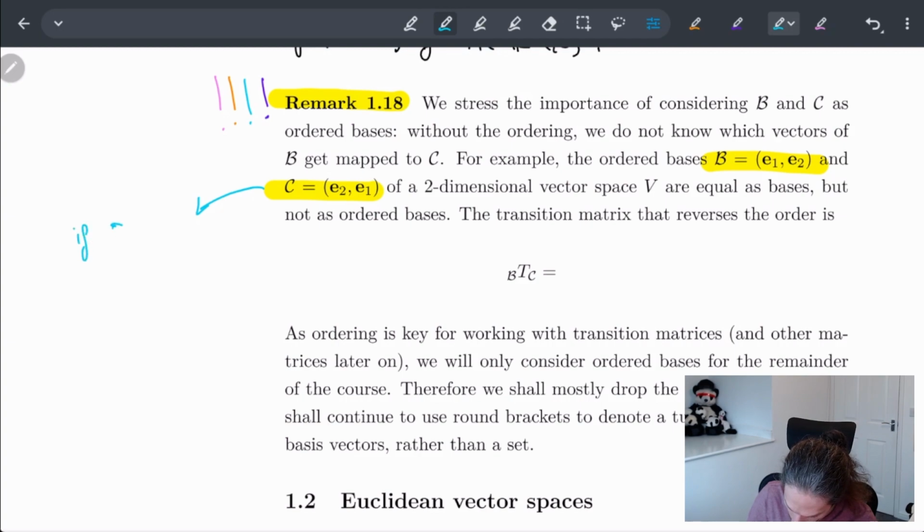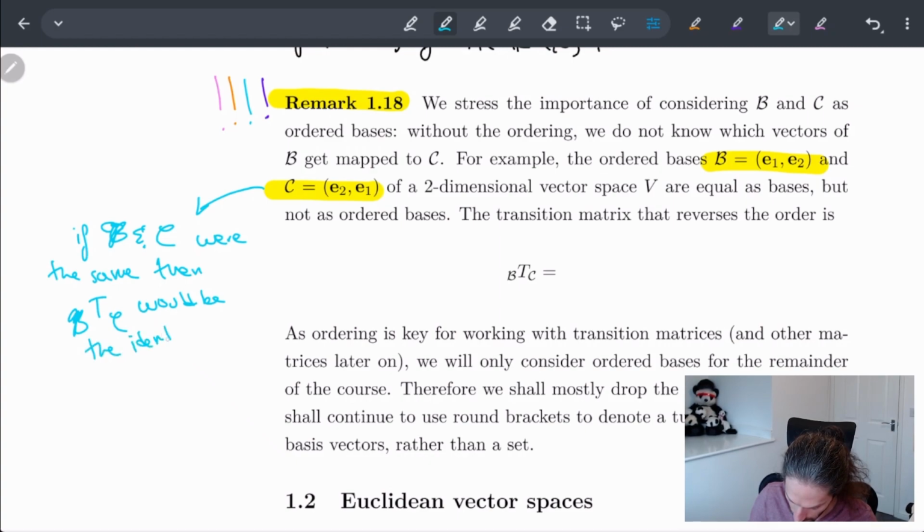So we'll note this: if B and C were the same, then the transition would be the identity. And remember, the identity in matrix form is this matrix, so we should expect this. But the problem is, in this case, it's not.